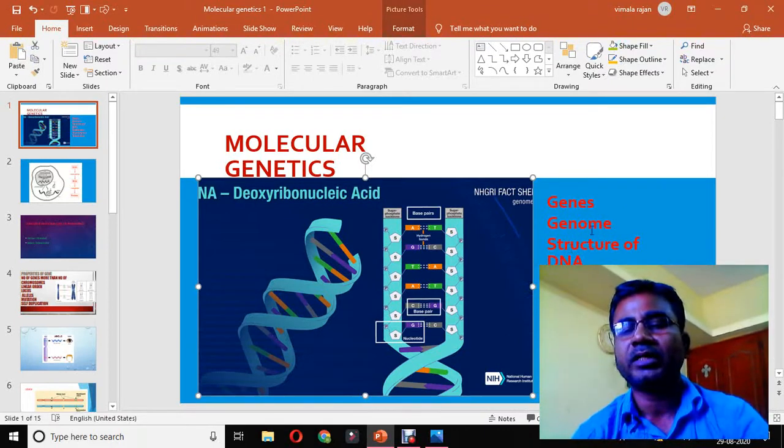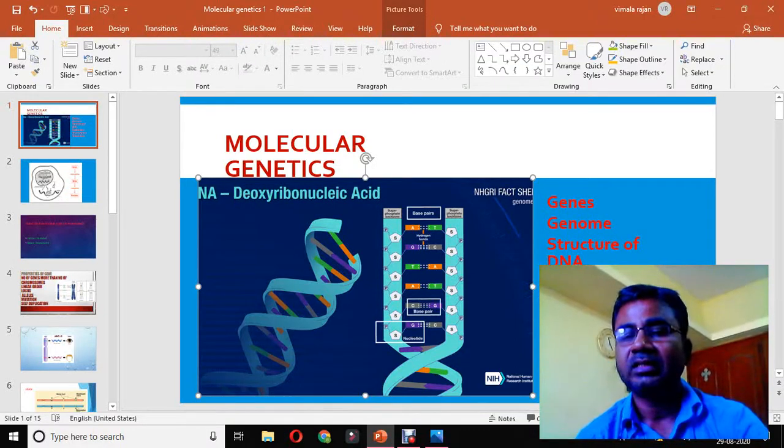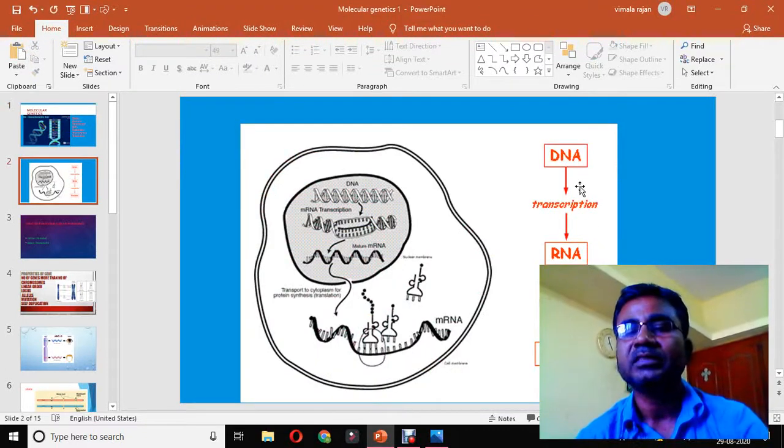And we are going to study the structure of the DNA, replication, transcription, translation. So these are the three major processes: replication, transcription and translation. These processes we are going to study in this lesson. First, the DNA is converted into RNA.